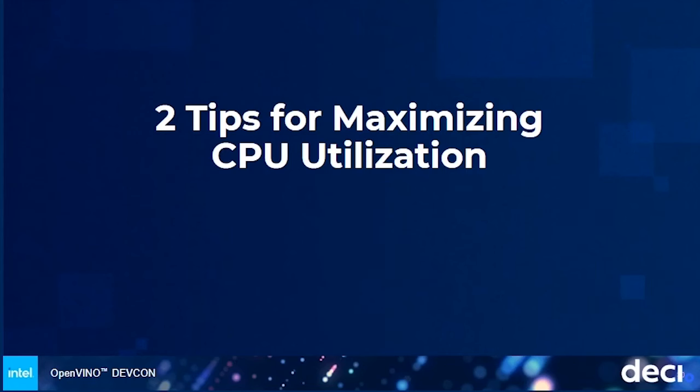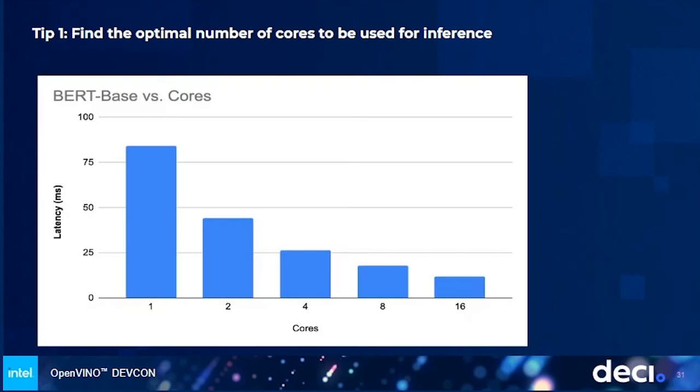To end this talk, we'll give you a few tips about maximizing CPU utilization. The first tip, in case you do have an option to choose, for instance if you use AWS machines, is to find the optimal number of cores to use for inference.